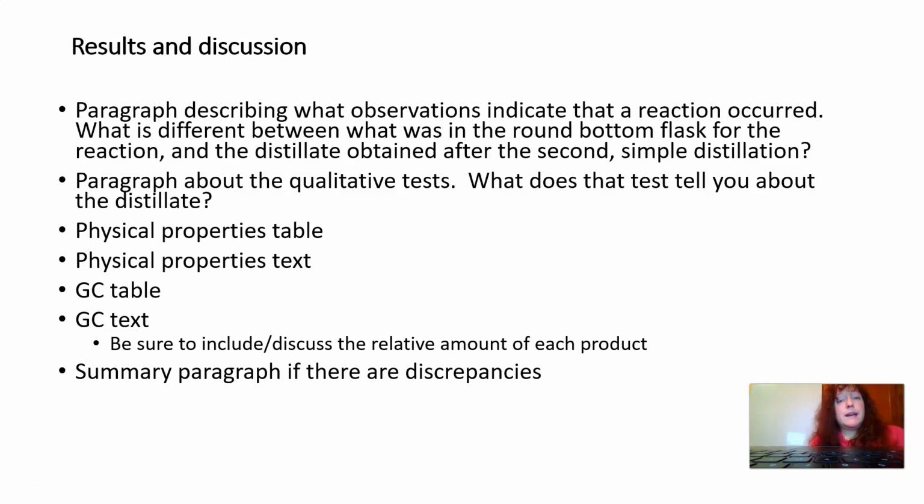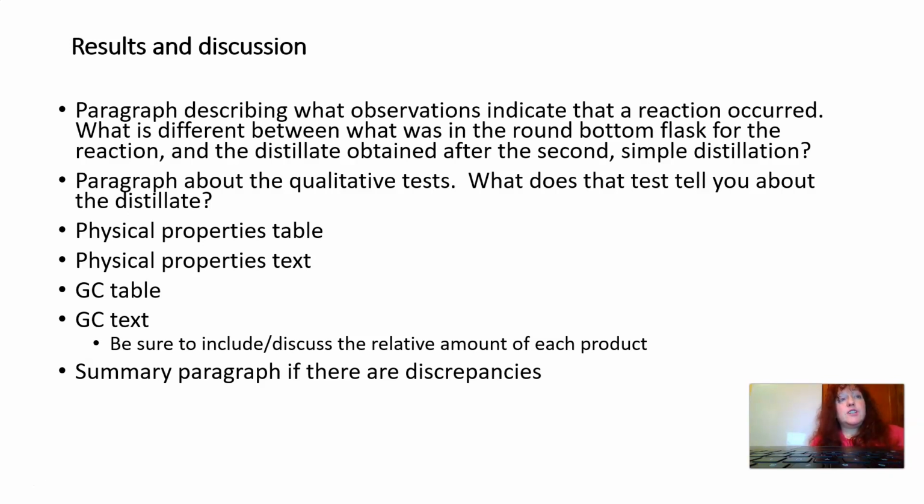How do you know from that that you've made the product, or you've potentially made the product, because they look so much more like the products than they do like the original starting alcohol? Okay, a little bit of text after that table to discuss that. So physical properties table, alcohol, each of the possible products, their boiling points and densities, along with the boiling point and density of the final distillate, the second day's distillate that you got for comparison.